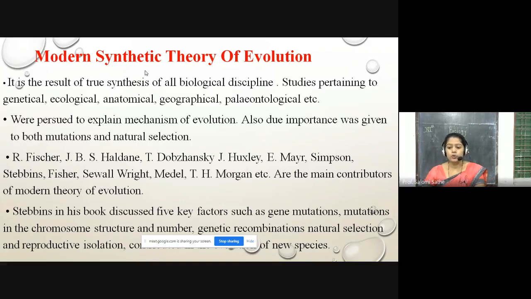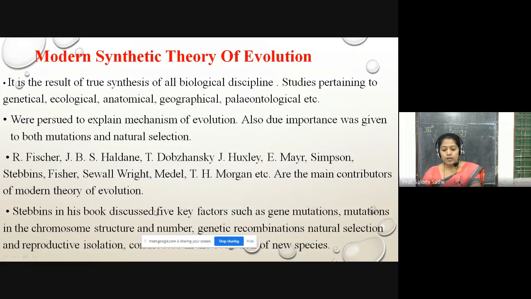Also, due importance was given to both mutation and natural selection. Here some experiments were done by these scientists. They are the main contributors of the modern theory of evolution.